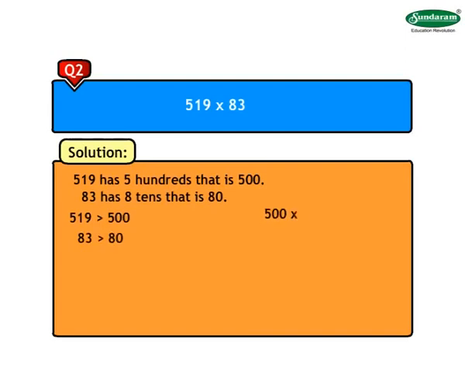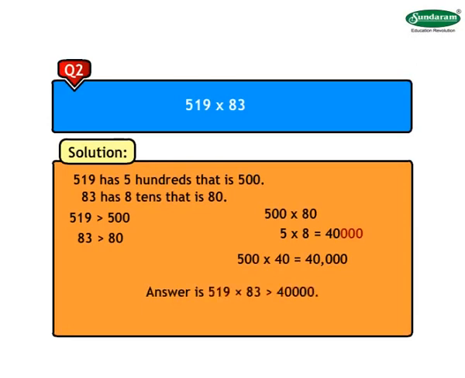And 500 into 80: 5 into 8 is equal to 40. Place the 2 zeros of 500 and 1 zero of 80 next to 40. Thus, 500 into 80 is equal to 40,000. Answer is, the product 519 into 83 is greater than 40,000.